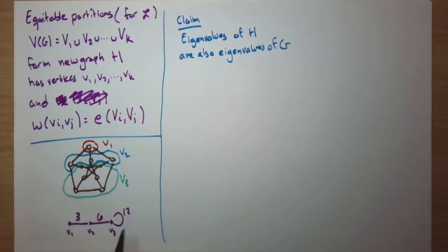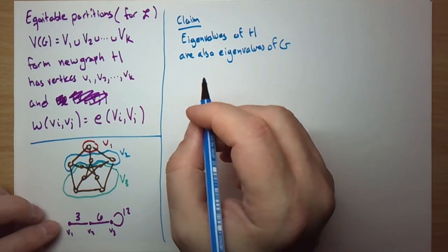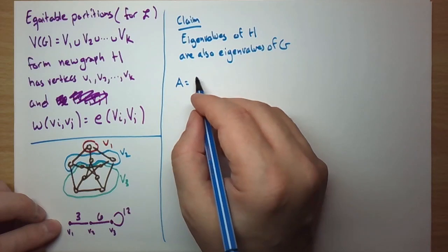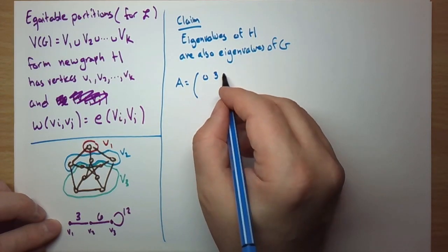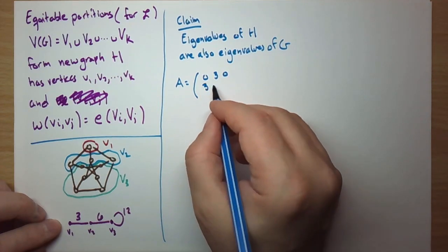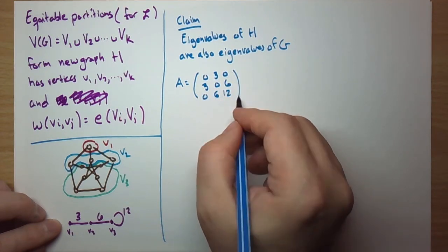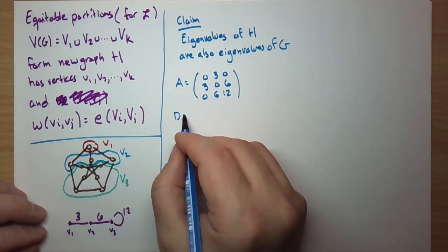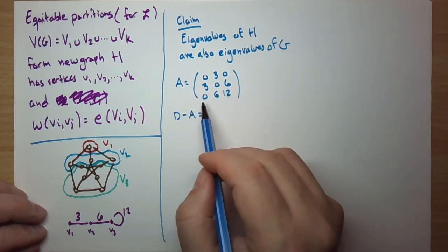First off, let's talk about what happens for the normalized Laplacian for this matrix. If we think about it, we can start building it up. For the adjacency matrix, we would have 0, 3, 0, 3, 0, 6, 0, 6, 12. That would be the adjacency of this weighted graph. Then D minus A, well, to find the degree, it's the same as the row sums.